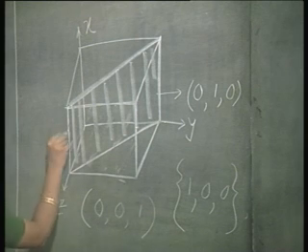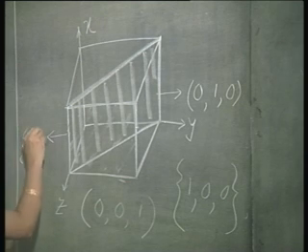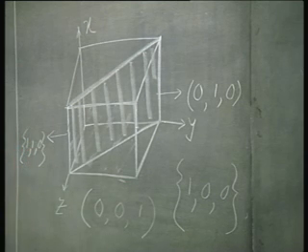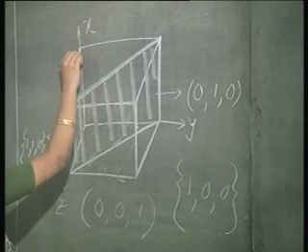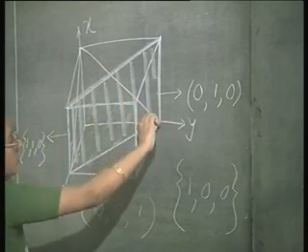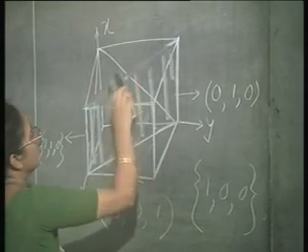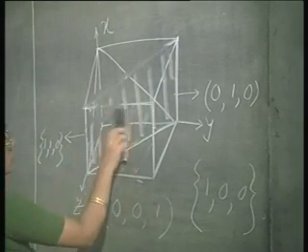So, this plane will be belonging to the family of 1, 1, 0 planes. Similarly, I can even think of another plane like this. A triangular shaped plane.